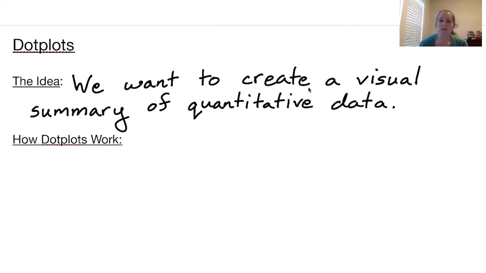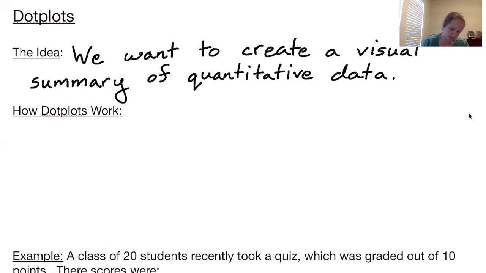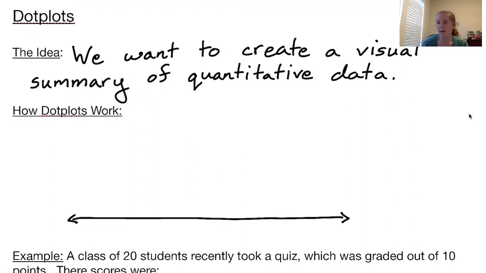So the way dot plots work is we put down at the bottom a number line. And down here, we're going to put basically all possible data values in order, how a number line would work.